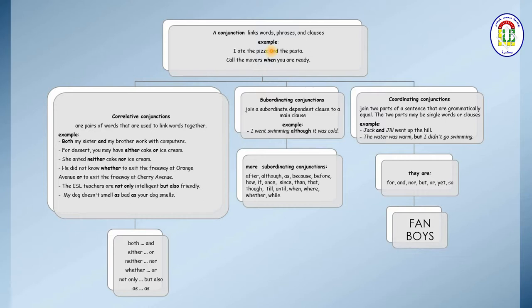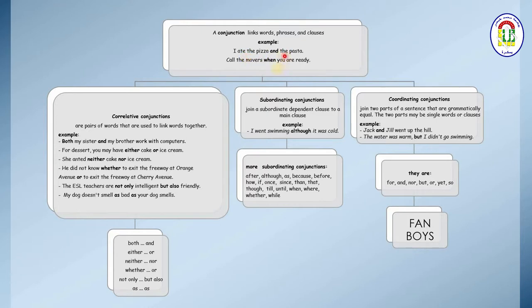A simple sentence. And even this is a simple sentence, by the way, sorry, because here we don't have a verb. Here we have just two objects linked with and. I ate what? The pizza and the pasta. So it is a simple sentence.